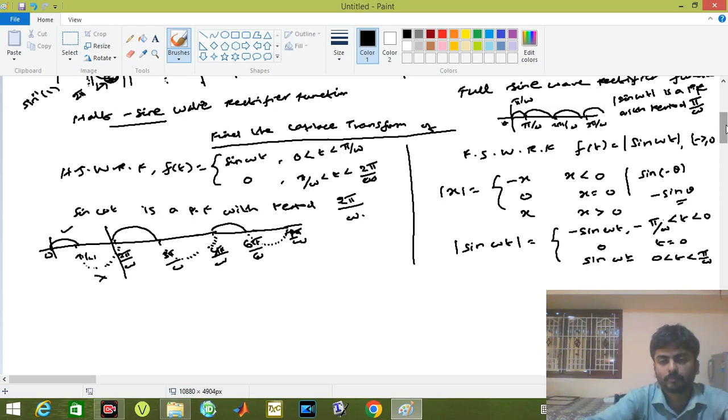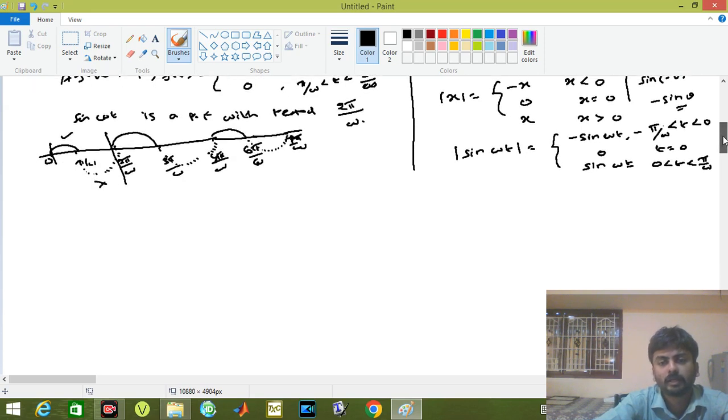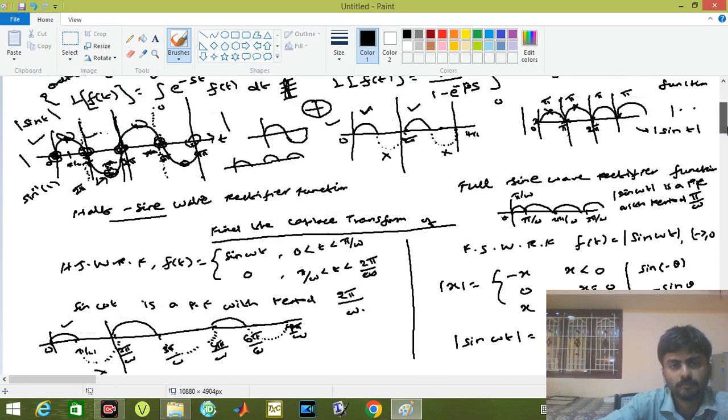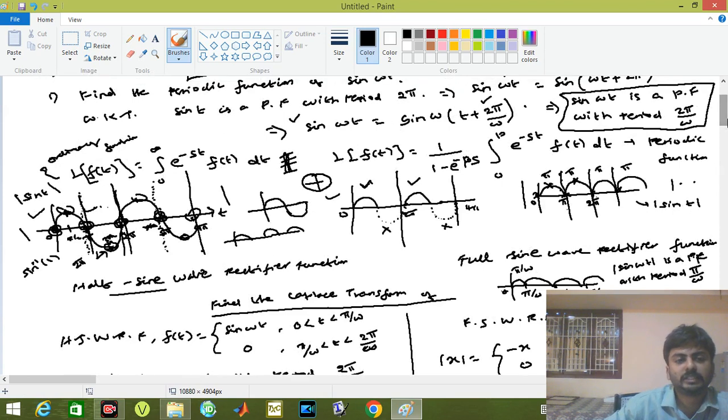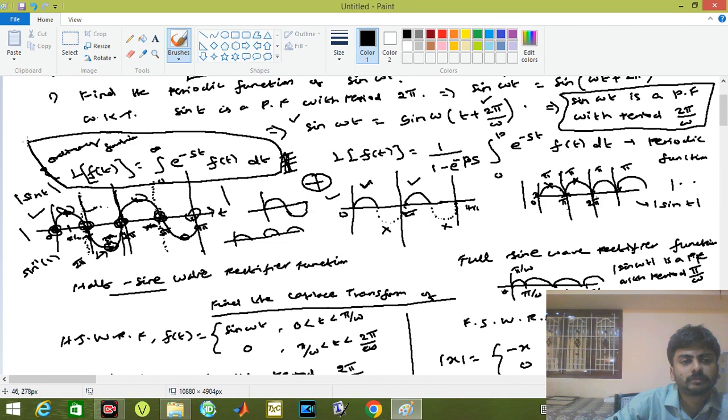Okay, now we are going to find a Laplace transform. The Laplace transform of a periodic function is already given in the above formula. See, the Laplace transform of a periodic function is given here. The normal function is also given. This is for the normal function, that is the ordinary function, and this is for the periodic function.